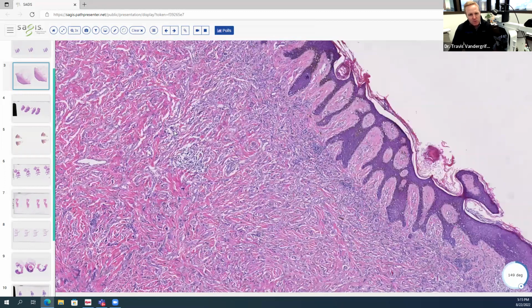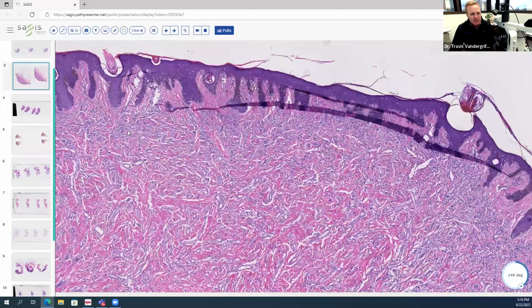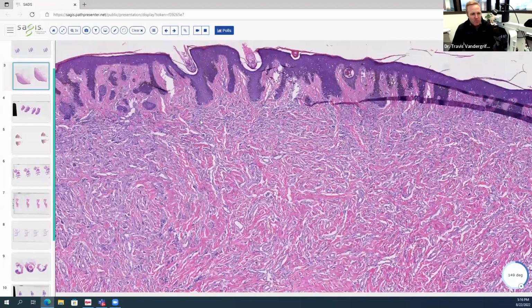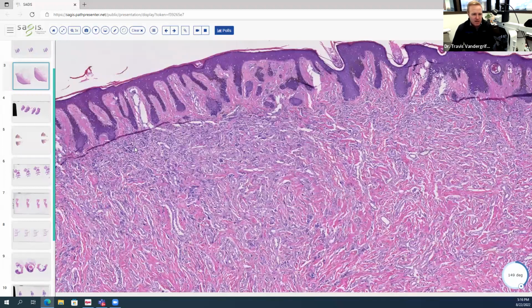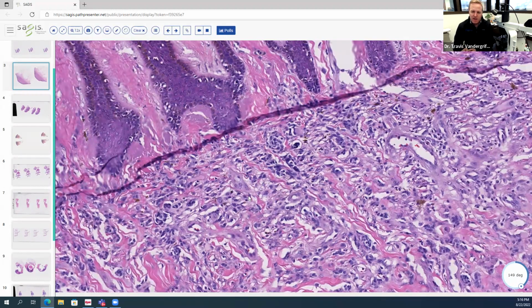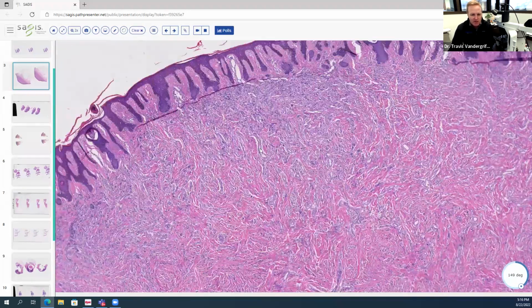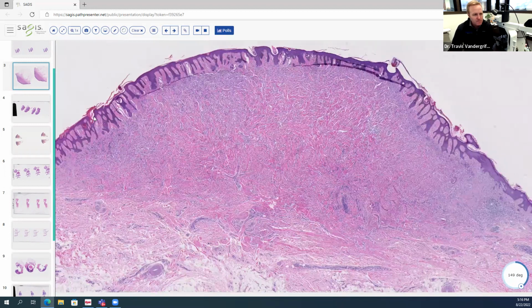But I think the best way to get this diagnosis is to recognize that superficially we have more classically appearing nests of melanocytes, and that can help you key into the fact that this is truly a melanocytic neoplasm rather than a vascular one. That is an angiomatoid variant of Spitz nevus.